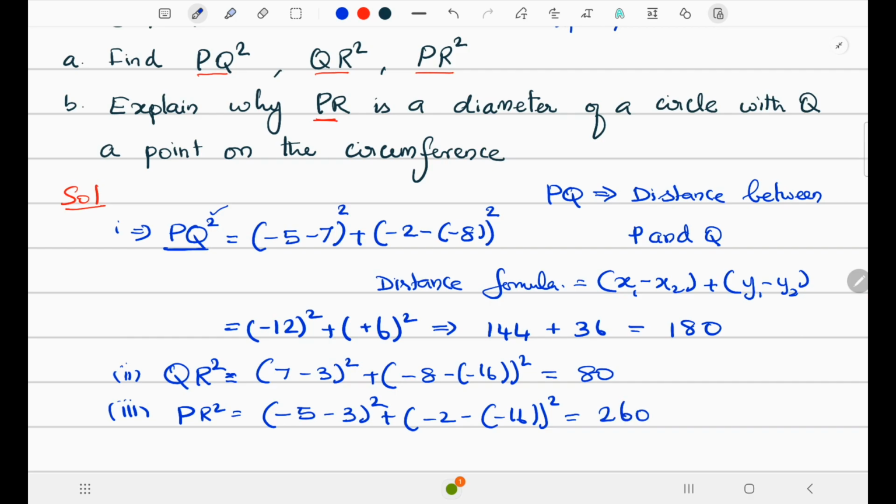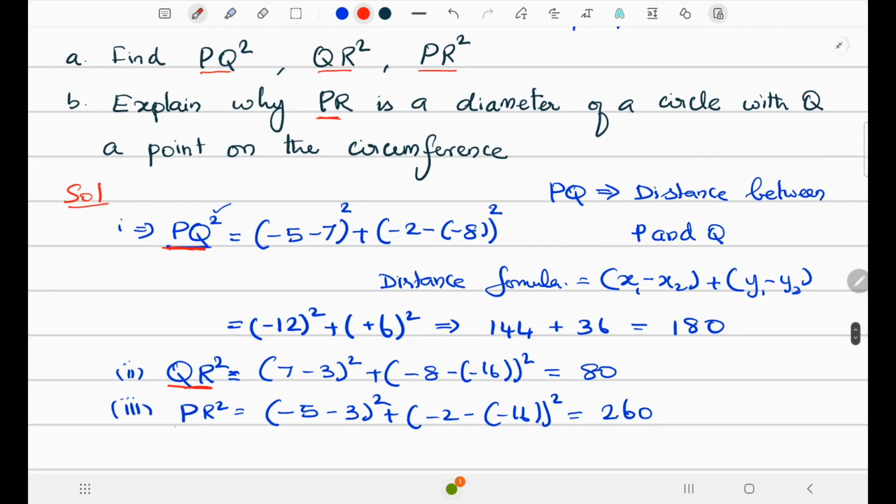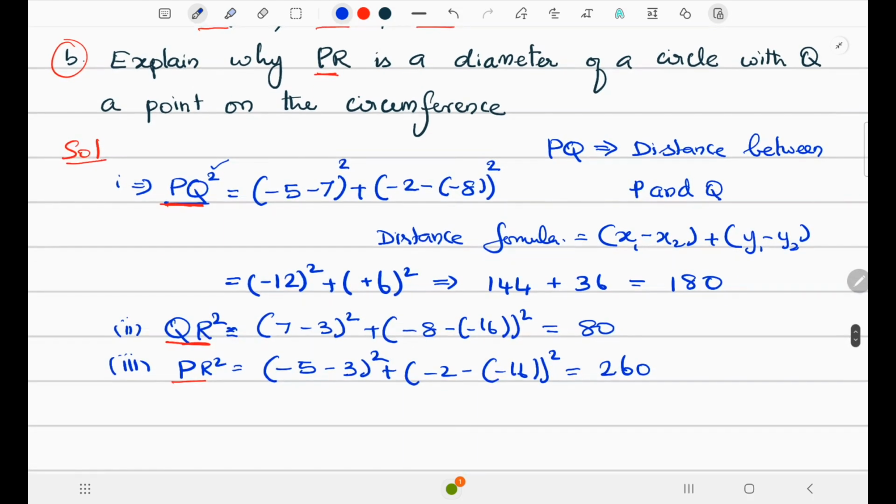Hence, we found PQ square, QR square, and PR square. Now we need to go for B. This is A. The B: PR is a diameter. Why is PR a diameter of the circle?